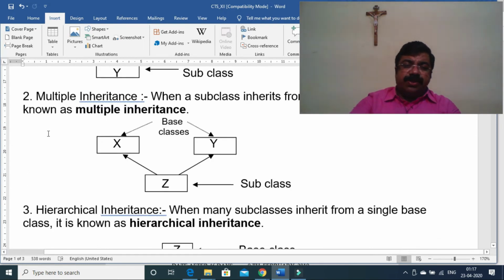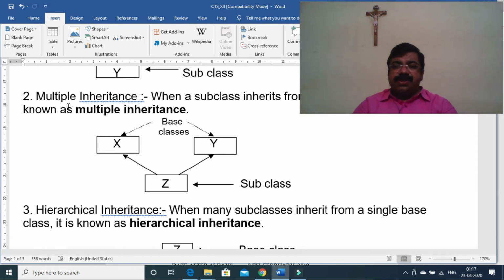Multiple inheritance, point number 2. Two base classes are given there. One is X, second one is Y, and the child or the derived class, subclass, is Z. Just imagine the relationship between you and your parents. X, your father, Y, mother, and Z, that is you.